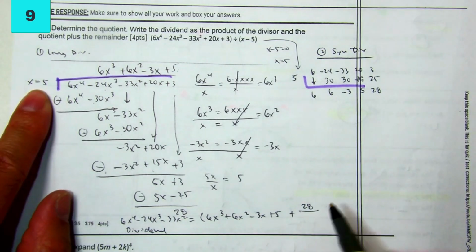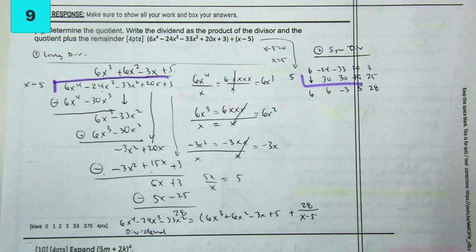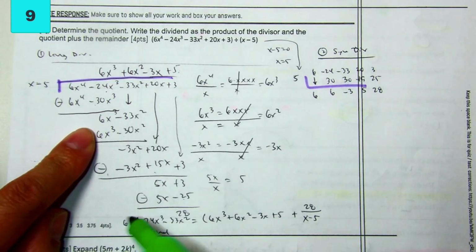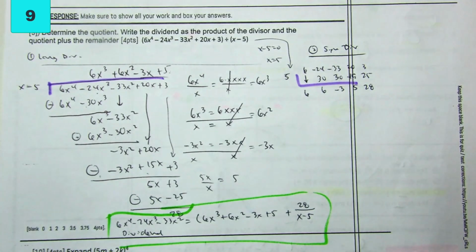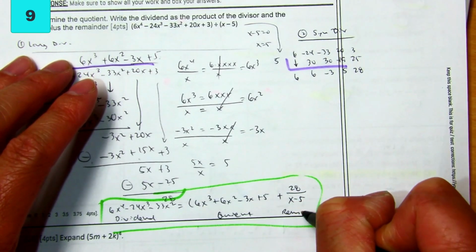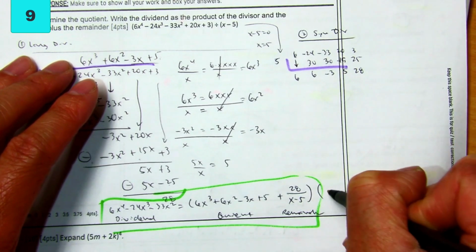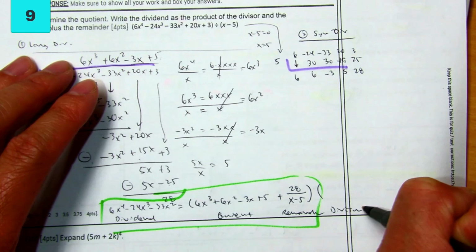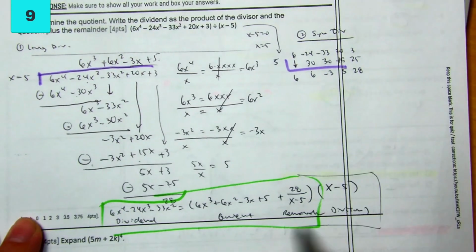And over the divisor. This will be my answer. Quotient, remainder. Oops, I forgot the divisor. Put it over here. So, x minus 5. So that's included in our answer.